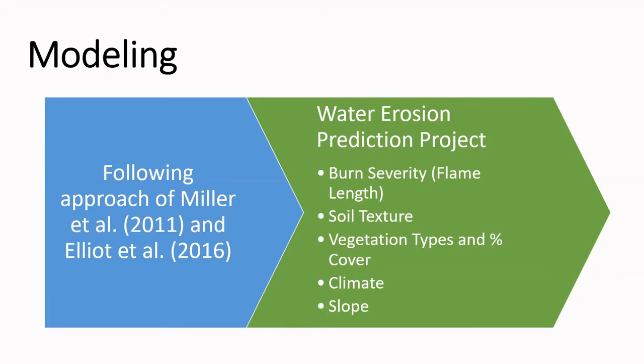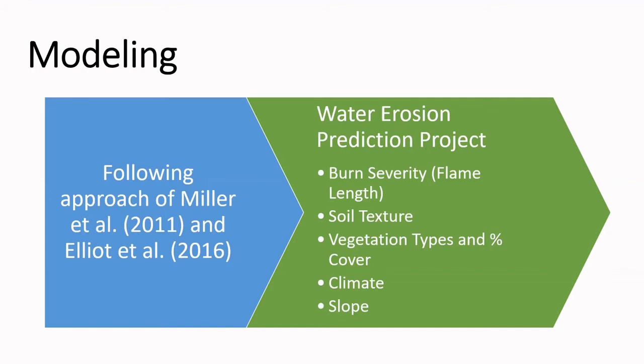The model requires estimates of burn severity, and if you haven't had a fire, you don't have those estimates. So you can use the predictions of flame length and convert that into burn severity. There are some assumptions that go into that, but that's the approach the model developers recommend.